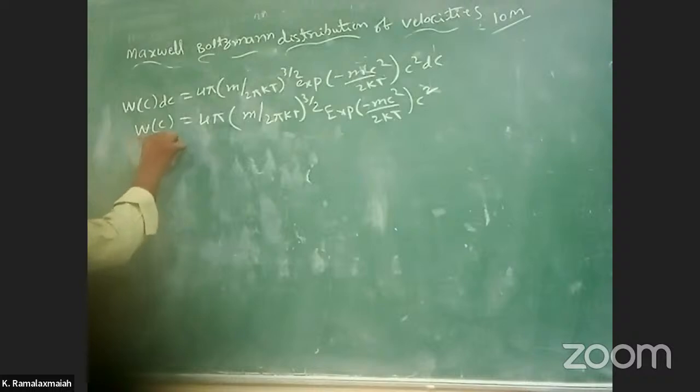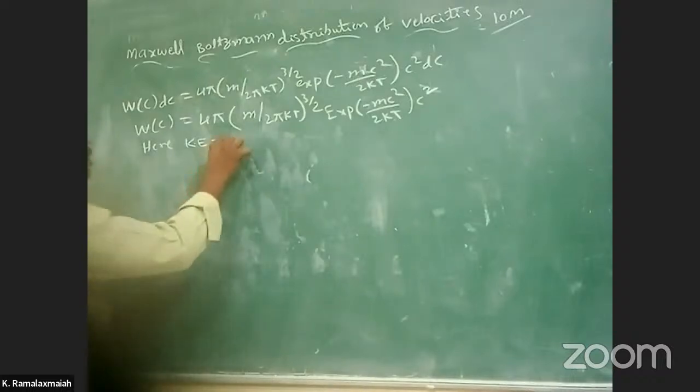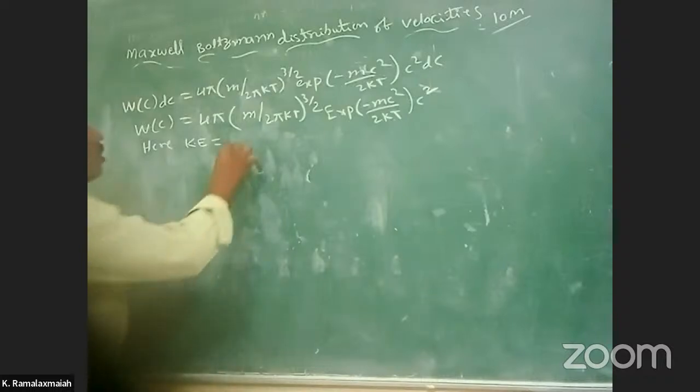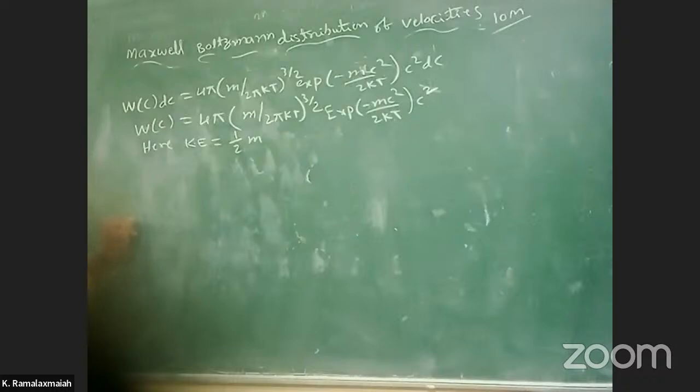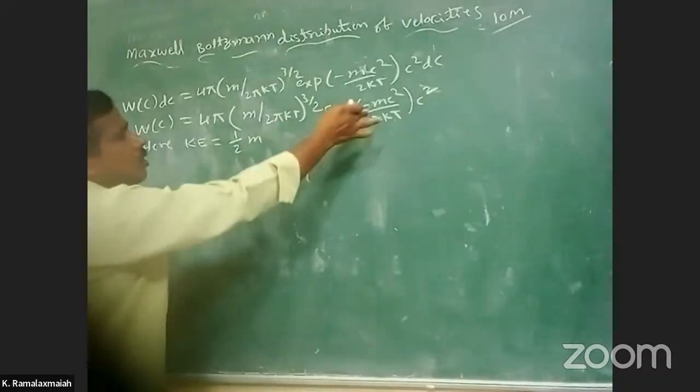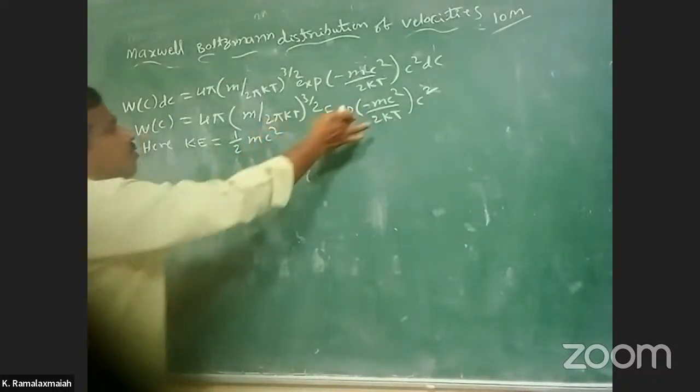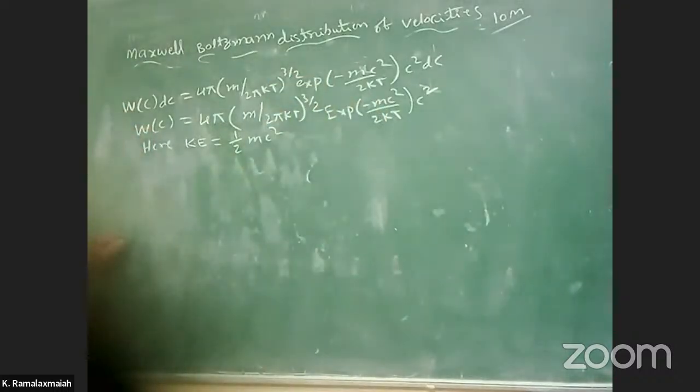The kinetic energy KE is equal to half mc square. So that is the formula.